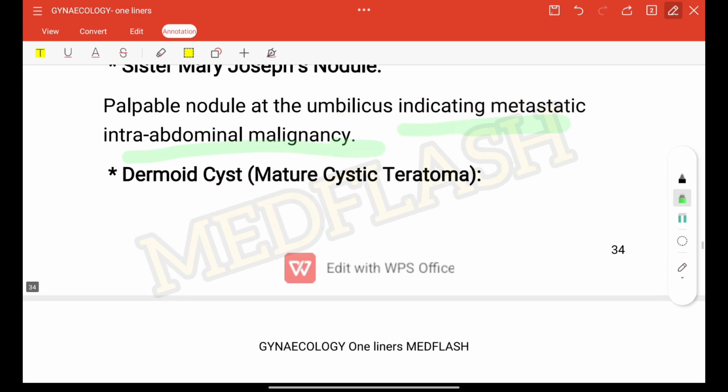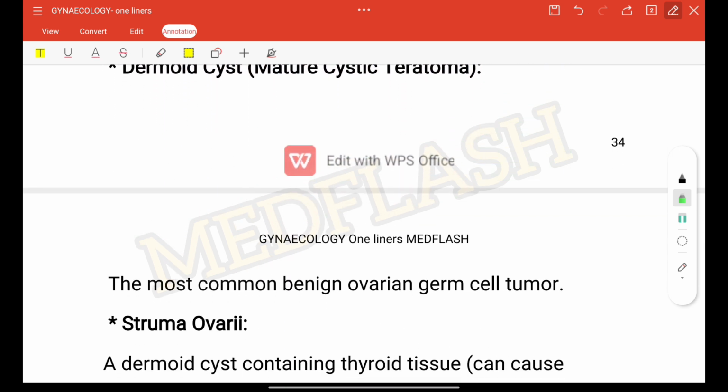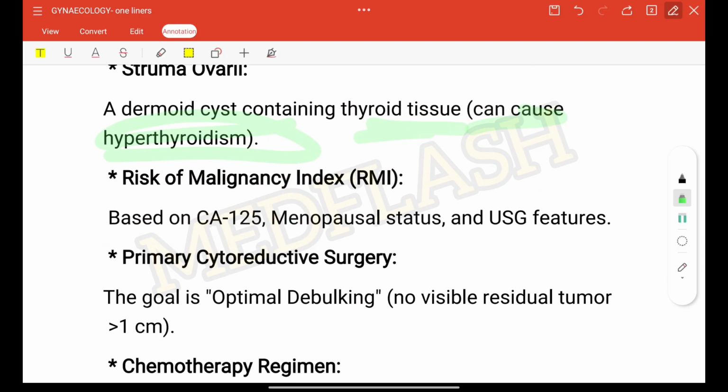Dermoid cyst or mature cystic teratoma is the most common benign ovarian germ cell tumor. Struma ovarii, a dermoid cyst containing thyroid tissue, can cause hyperthyroidism. Risk of malignancy index is based on CA125, menopausal state, and USG features.